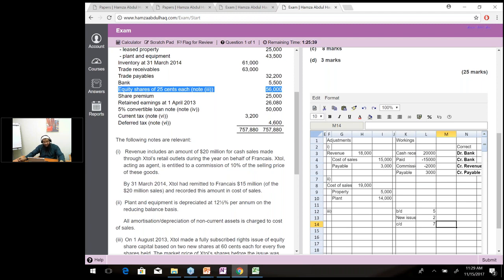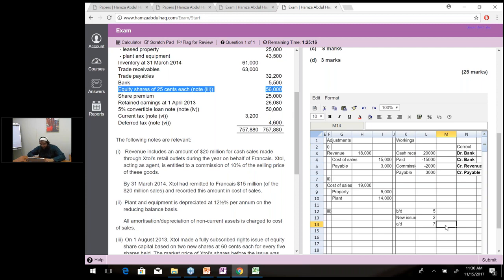What do people think? Carried down. Yes, this is the carried down value.